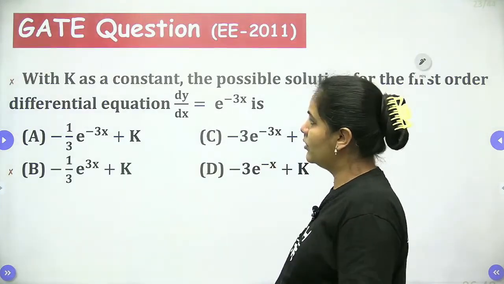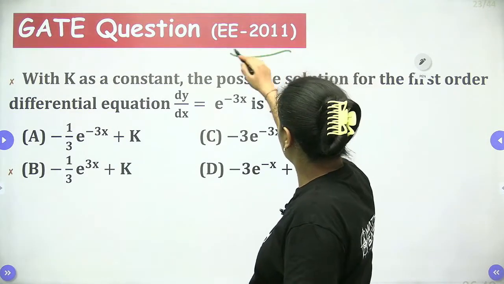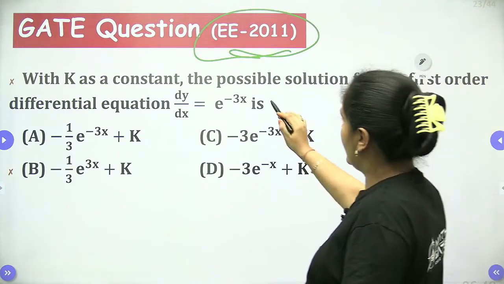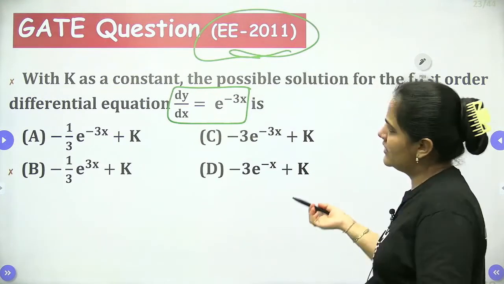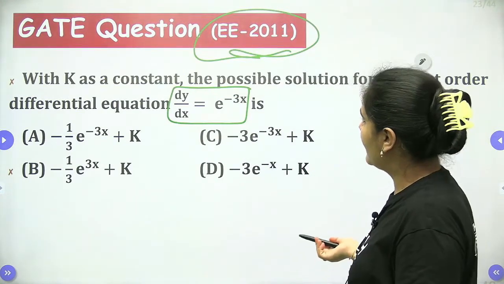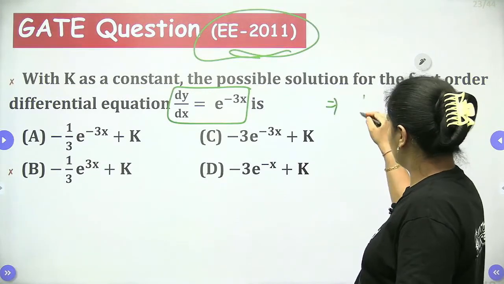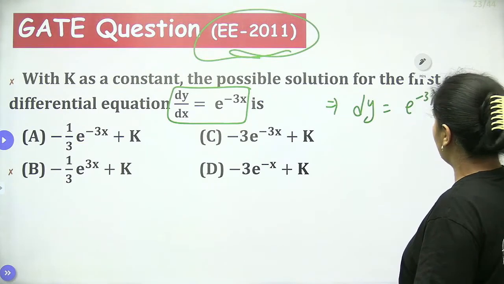Let's have a discussion on one more question. This is again a simple question based on the linear. This is a question which was asked in Electrical 2011. The question is dy by dx is equal to e to the power minus 3x, right? Here it's exactly not a question of linear. This question is easily approachable by variable separation even. So you can say dy is equal to e to the power minus 3x into dx only.